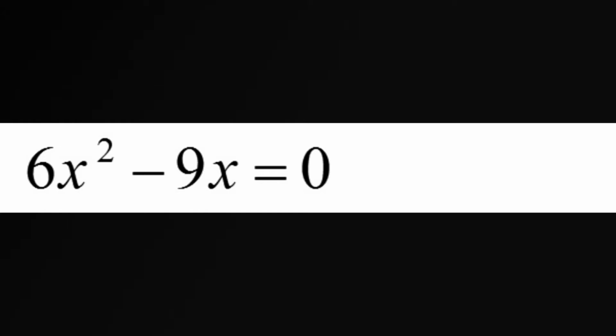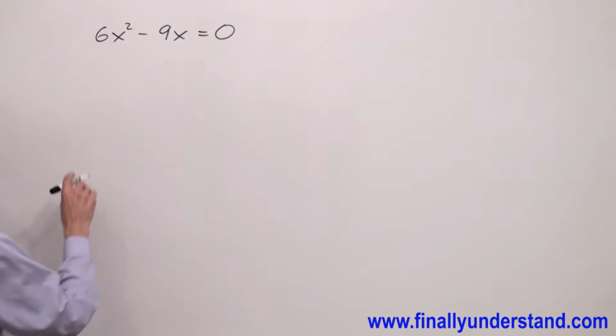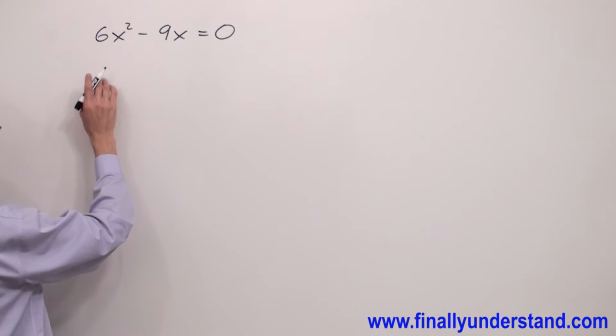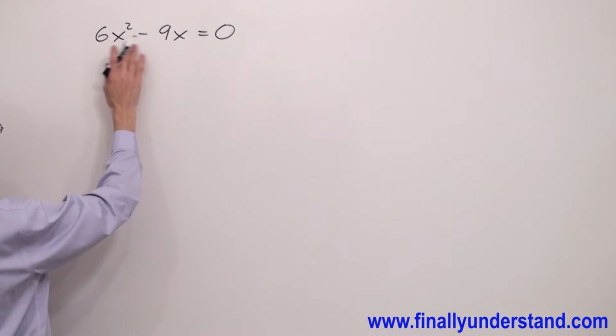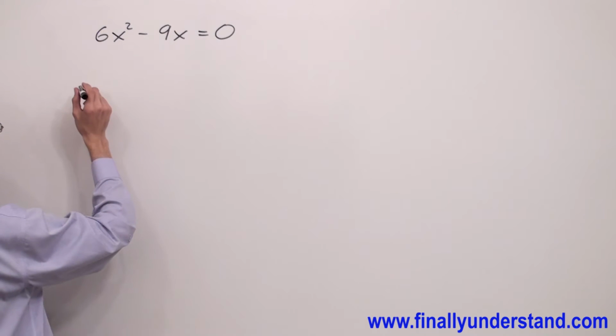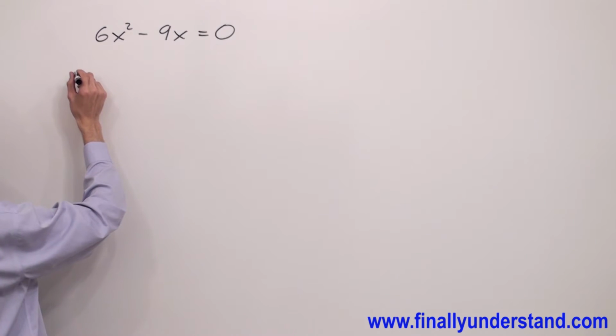We have another incomplete quadratic equation on the board, and we are going to solve this equation by the method of factoring. Please notice that from these two terms we can factorize 3x.